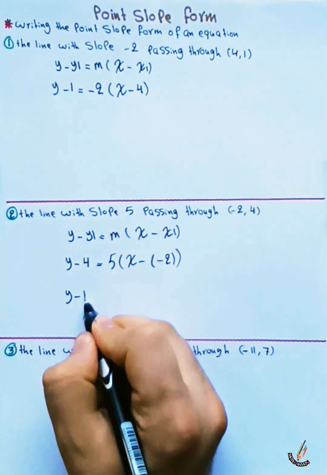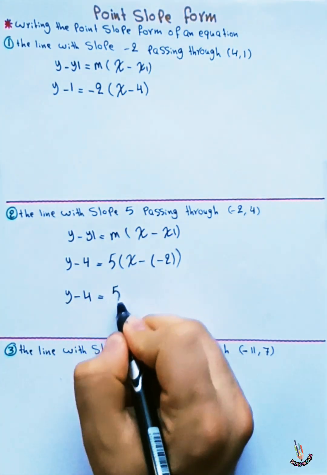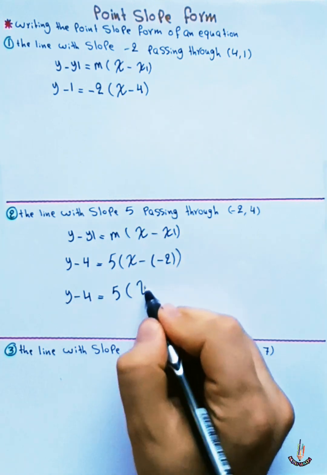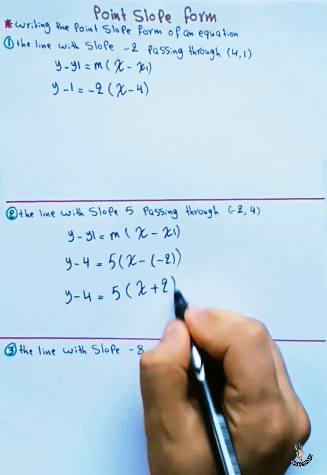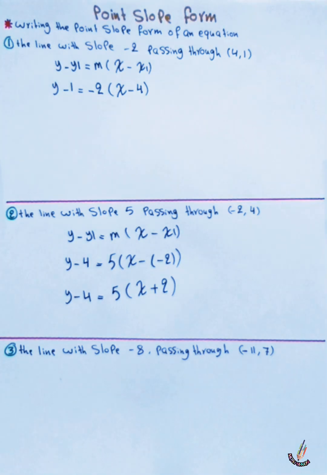We have y minus 4 equal to 5 times (x plus 2). So this is the equation of the line whose slope is 5 and passing through (negative 2, 4).